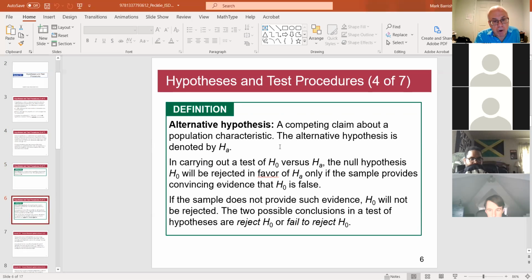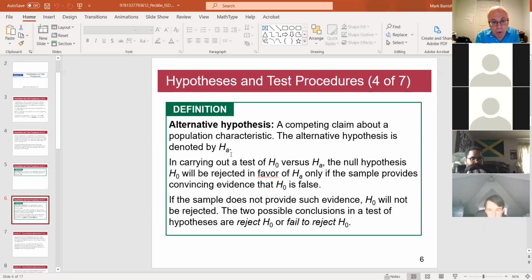And then the other hypothesis, the researcher's hypothesis, the competing claim, we can call it, about the population characteristic is called the alternative hypothesis, and we use the symbol H sub A. Obviously, A means alternative.